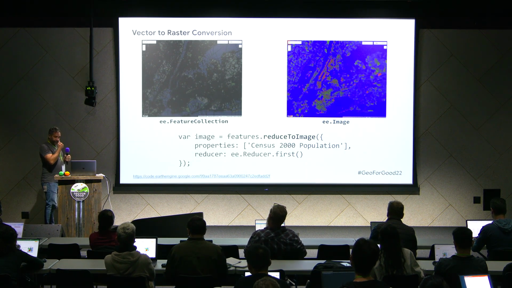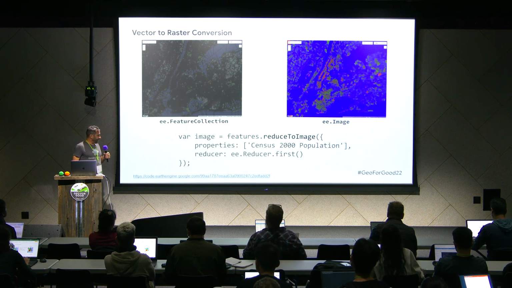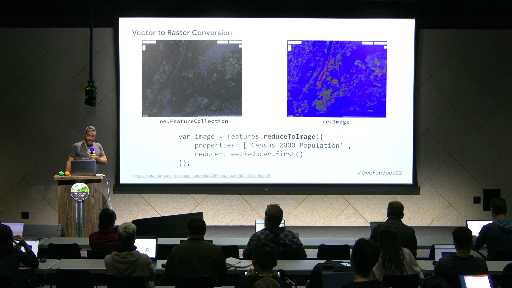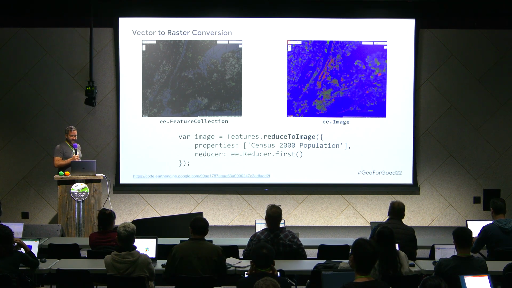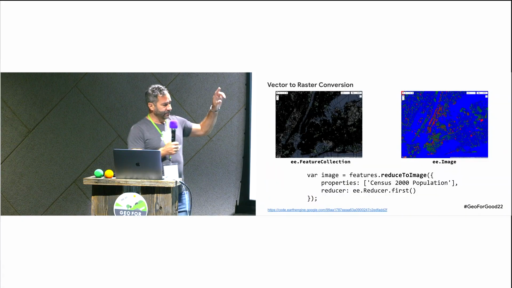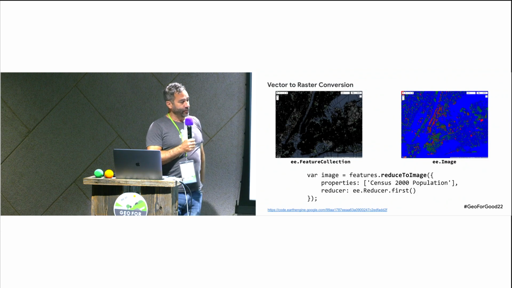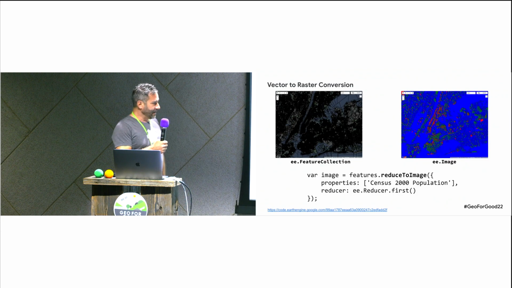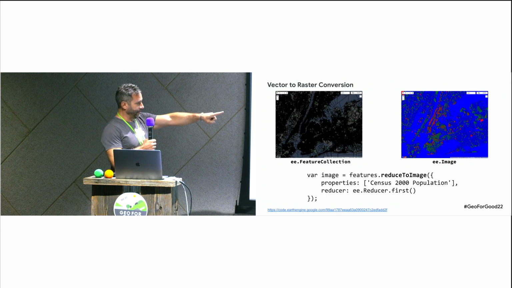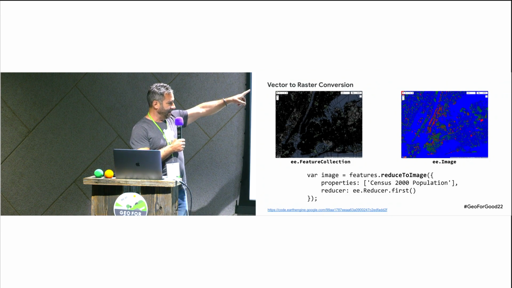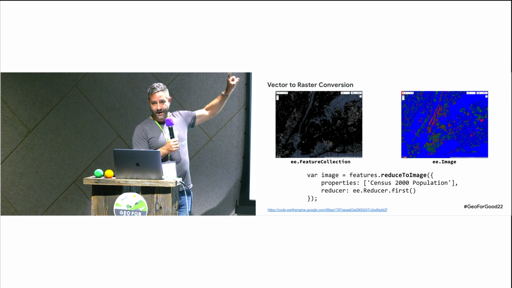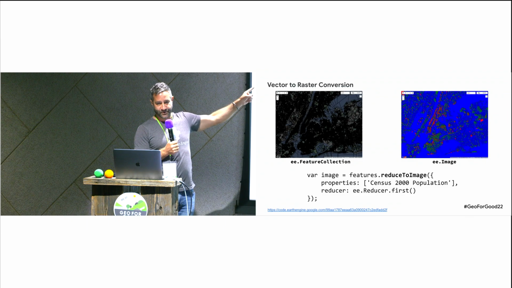Okay, vector to raster conversion. This is called reduce to image, and this one's pretty safe. You can take fairly complex input vectors and make an output raster out of them. So one thing that you sometimes want to do is get a multi-band image from multiple properties of the input feature collection.